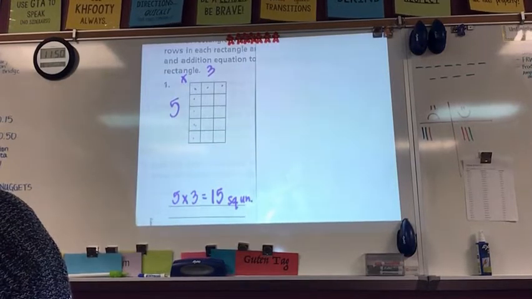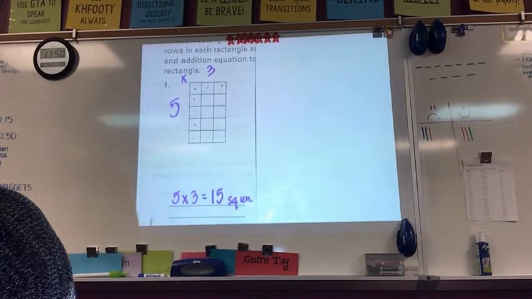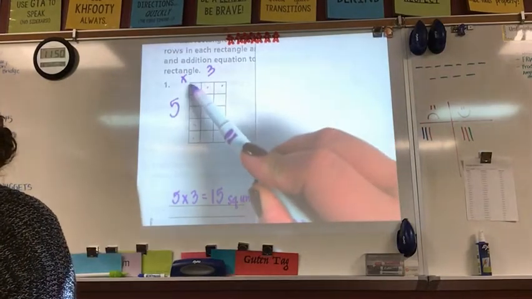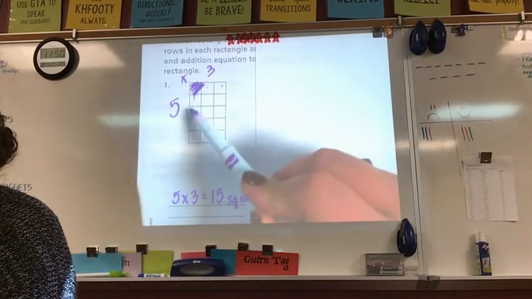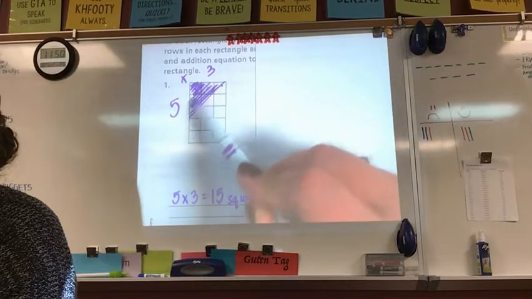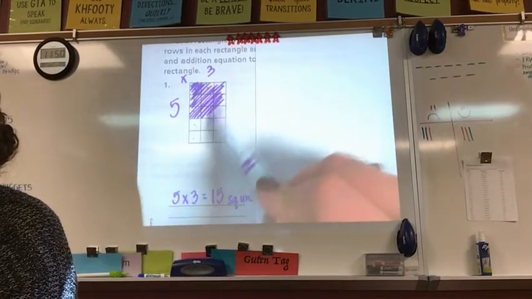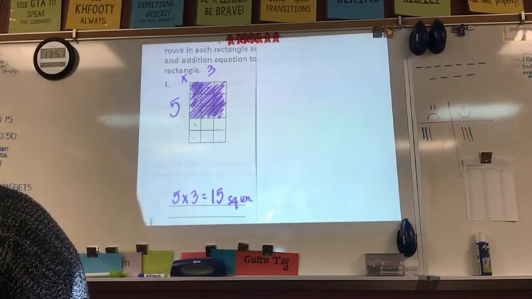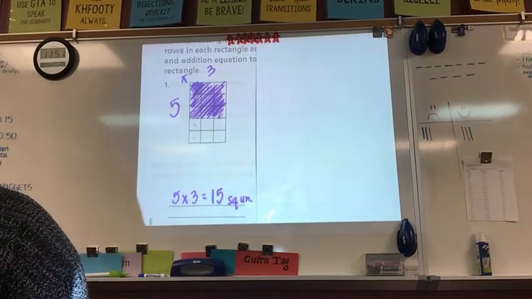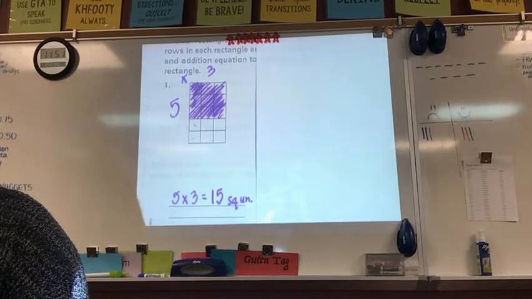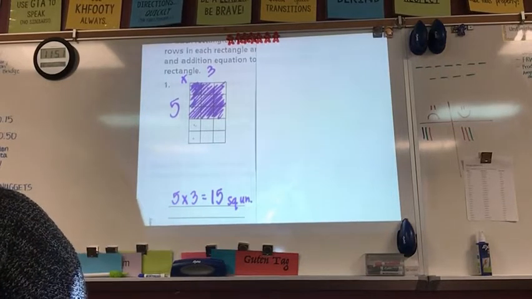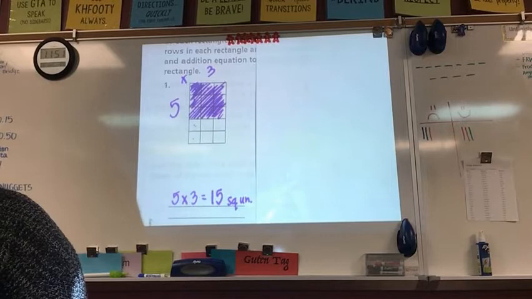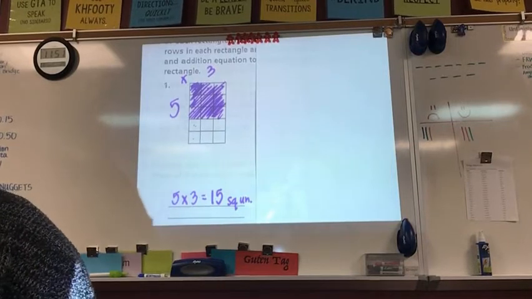We do have our 3s, because of the jingles. So let's go ahead and do that. I'm just going to shade the top 3 rows. Let's practice that jingle quick. 3, 6, 9, 12, 15, 18, 21, 24, 27, 30, and we're done.